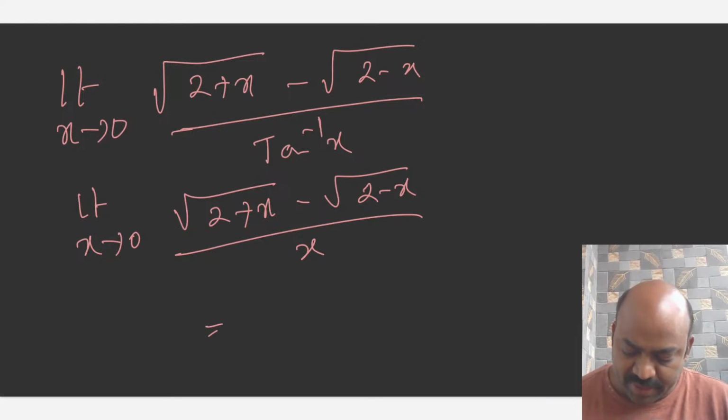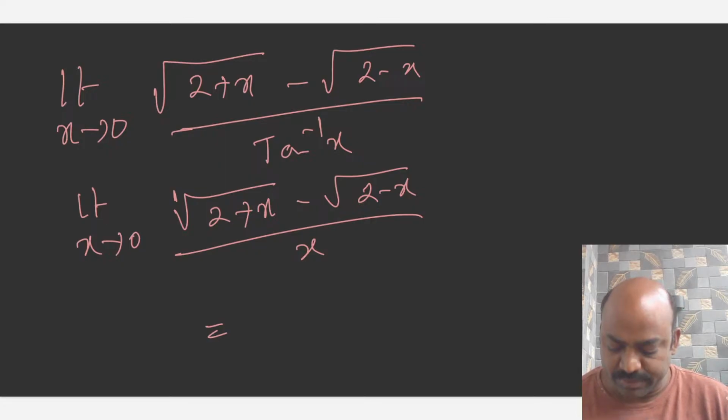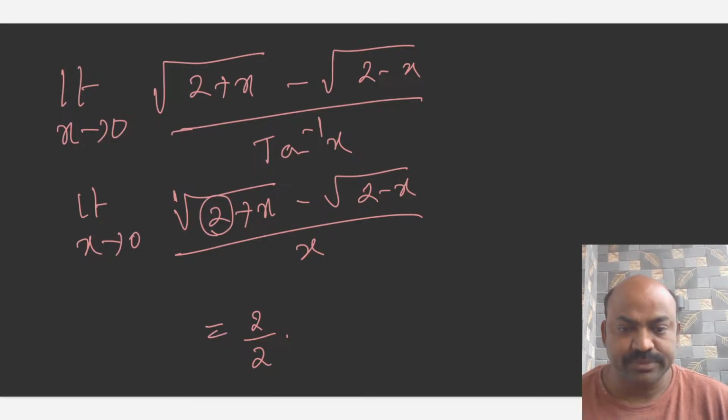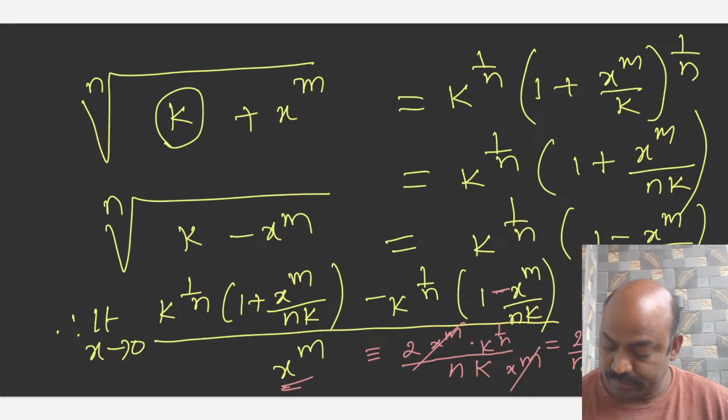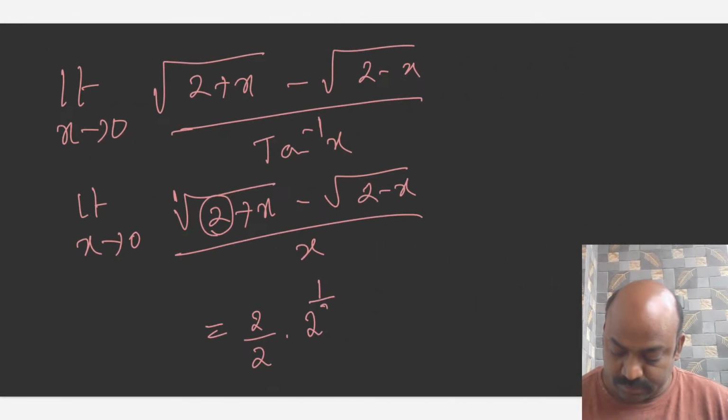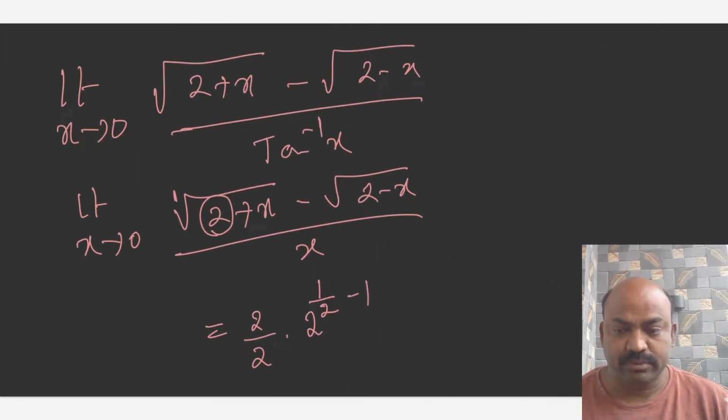Now apply your formula. n is how much? Square root means n is 2. 2 by 2. k is how much? It's 2. 2 power 1 minus, what's the formula? n is 2, gone.